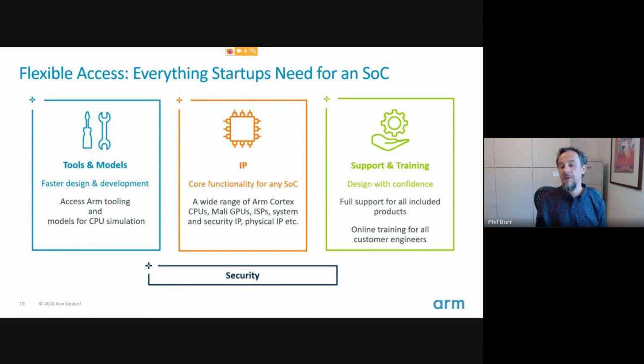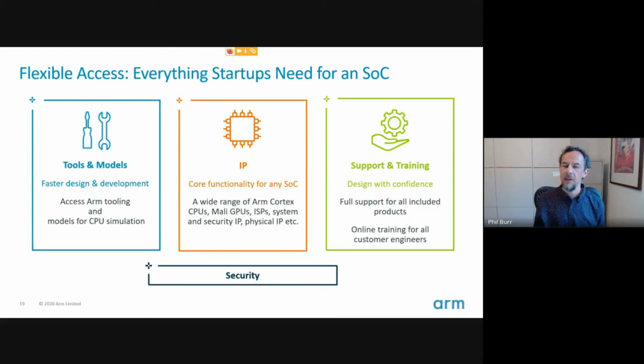It's that wide range of technology across CPUs to physical IP, but it's also that support and training to help our customers and startups design with the confidence that they need. And we also provide lots of online training as well to help people use that technology.